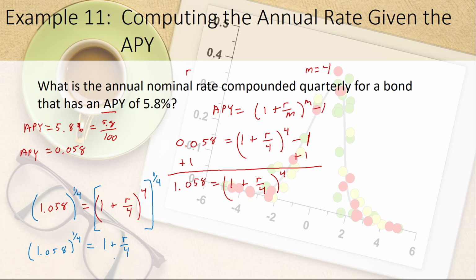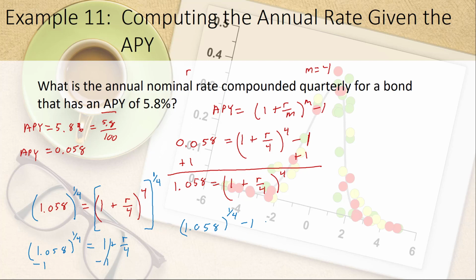Now I can subtract 1 from both sides, and I have to be careful because all this is inside a grouping symbol. So on the left-hand side, you have 1.058 raised to the 1/4 power, the fourth root of 1.058, minus 1.